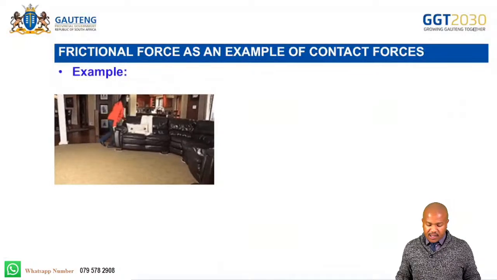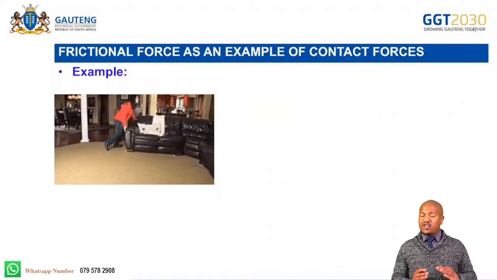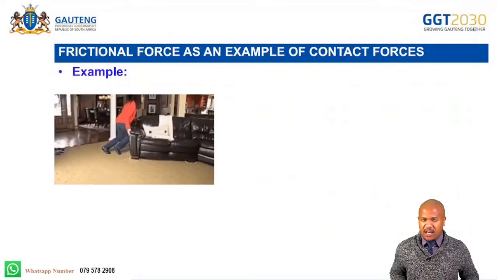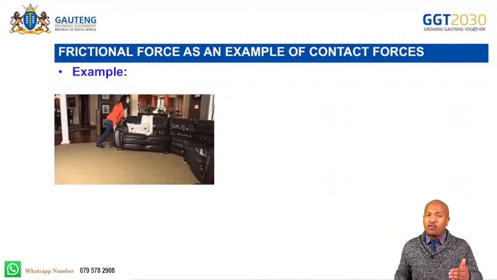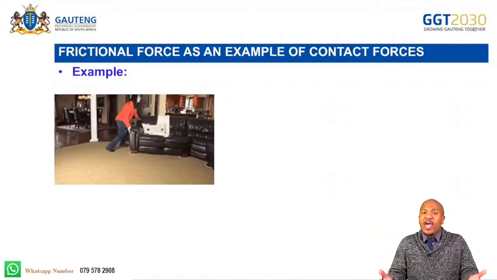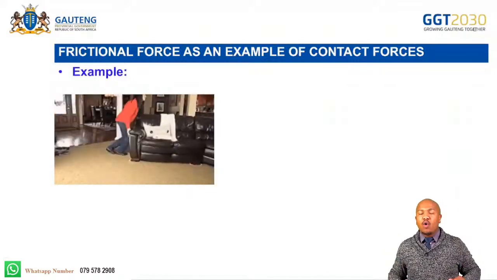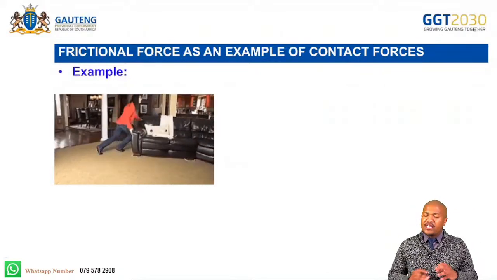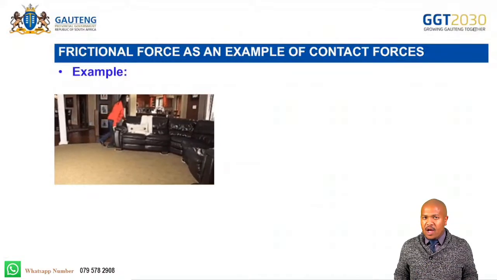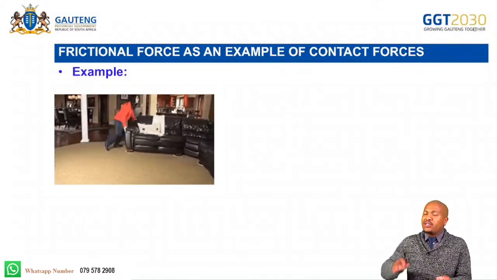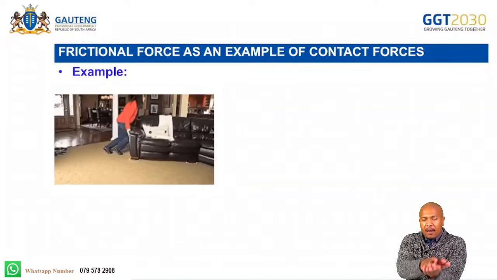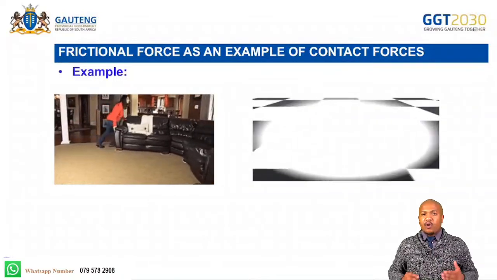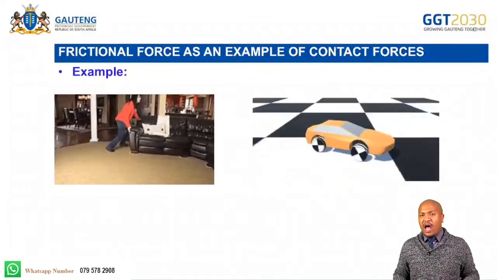So looking at this example here, probably this is your home and you're doing some spring cleaning and you're trying to move the sofa around. It is too heavy for you to carry, but you can only slide it on the carpet. So what happens as you slide it on the carpet then? There's some force of friction between the couch and the carpet, because they are sliding against each other.